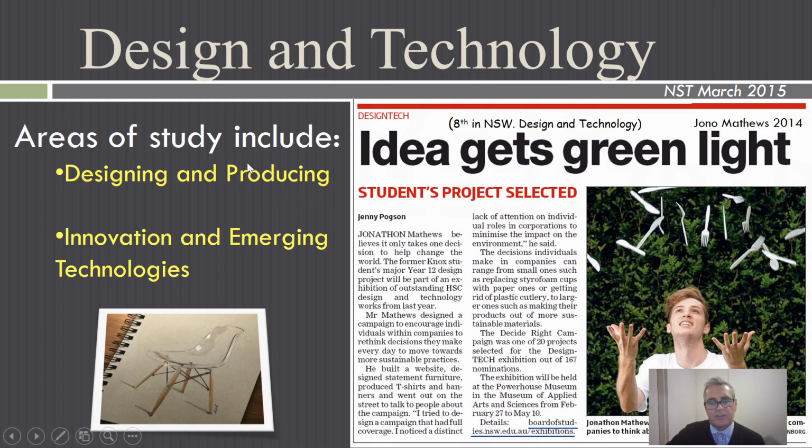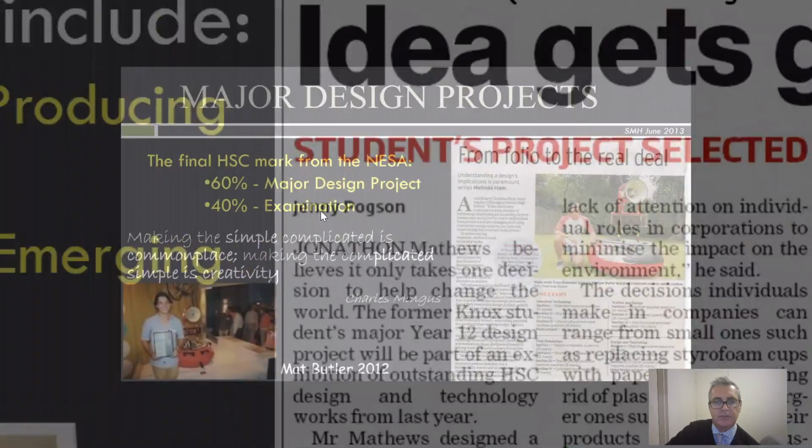So in design and technology, the areas that we actually look at are designing and producing, and also innovation and emerging technologies. So they're the two main areas. Designing and producing in Year 11 will involve minor design projects, and in Year 12 the designing and producing will actually involve the major design project, which is the main component for the Year 12 course, in conjunction with the theoretical component, which is along the lines of innovation and emerging technologies.